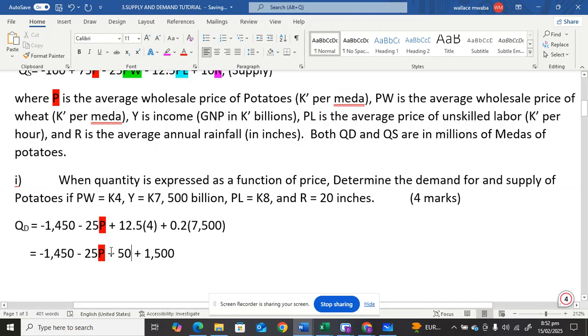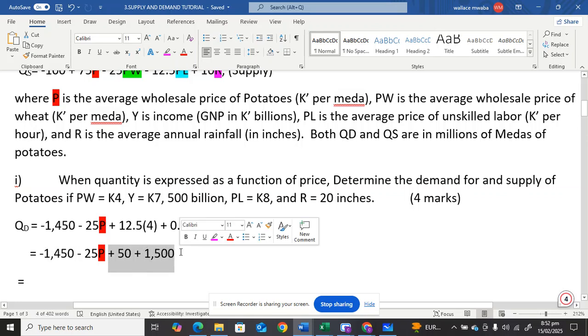Okay. So we just deal with the like terms here. So you just say negative 1,450 plus 50 plus 1,500.